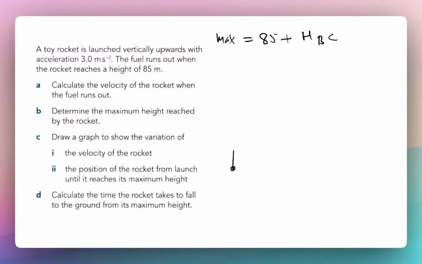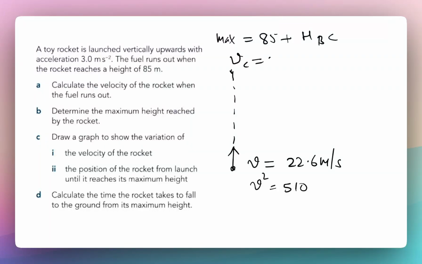At B, the rocket is already going upwards with a velocity which we already found out was 22.6 meters per second, or V square was 510. From here, we keep on going upward, and the velocity at C is going to be 0.